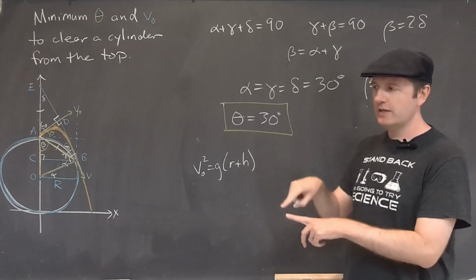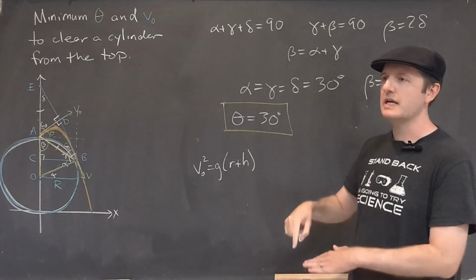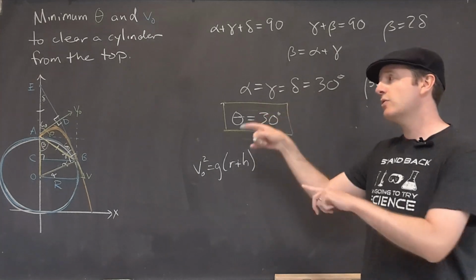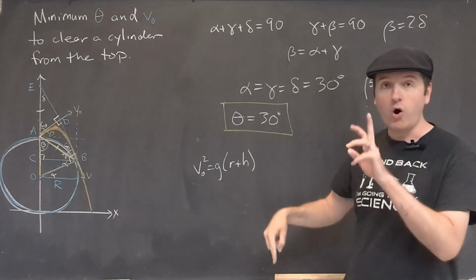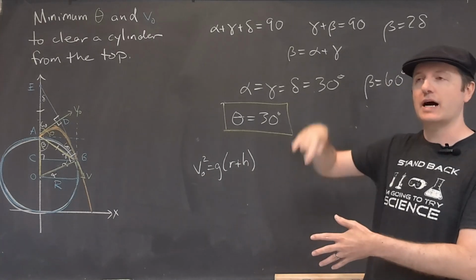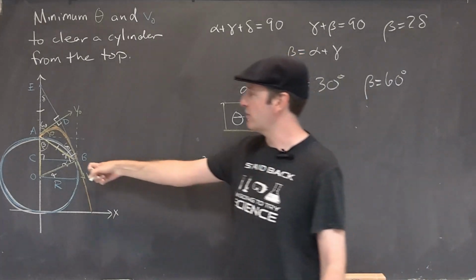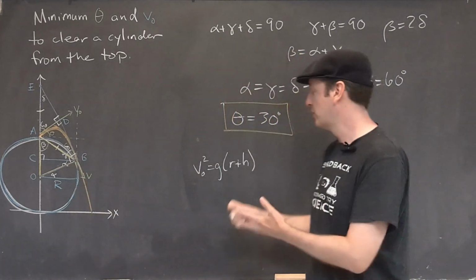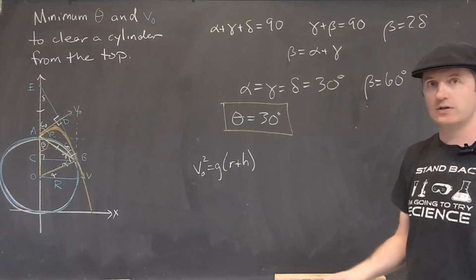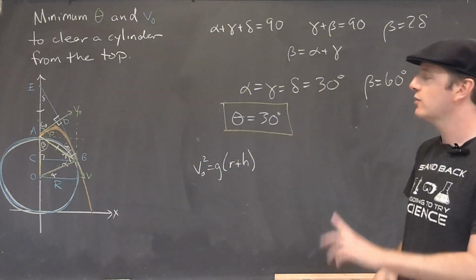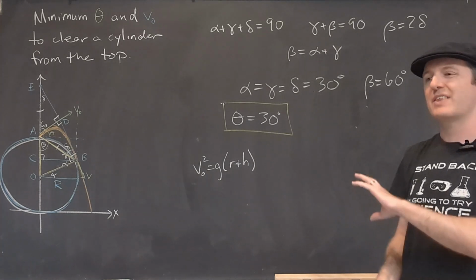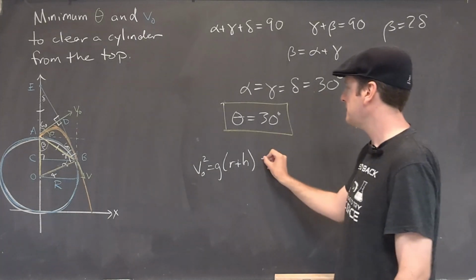And h, in the original question we did, was the height of the wall we're trying to clear. Notice that in this case, our wall is down. It's not actually a height we're trying to clear above. It's a height we're trying to clear below. The result that we derived earlier still works entirely well. We just have to be very careful to remember that it's now a negative sign.